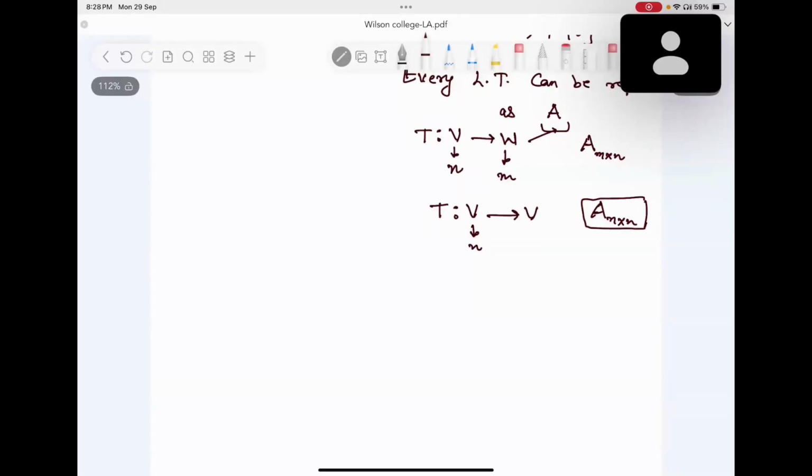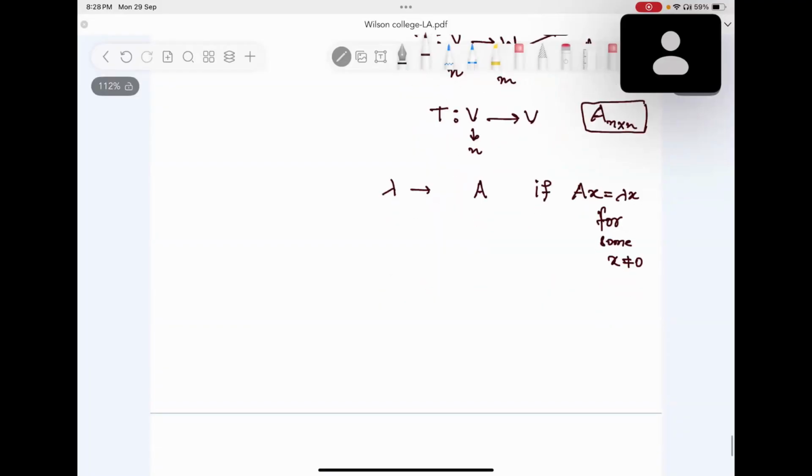So lambda is an eigenvalue for a square matrix A, n cross n, if Ax equals lambda x for some nonzero x. And this is valid if and only if the nullity of A minus lambda I is not equal to 0.